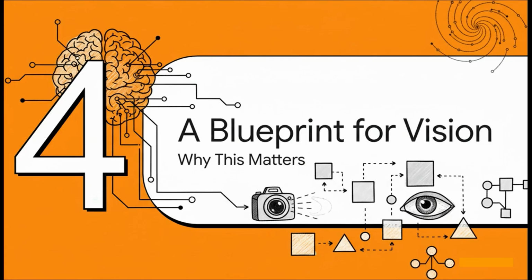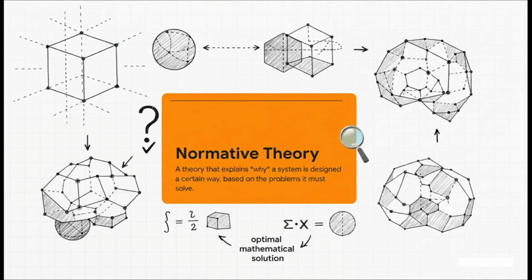So this whole discovery is way more than just a cool fact to share at a party. It gives us a profound, deep framework for understanding vision, not just in humans, but in machines too. What we've been walking through is something called the normative theory, and it's a really powerful idea.